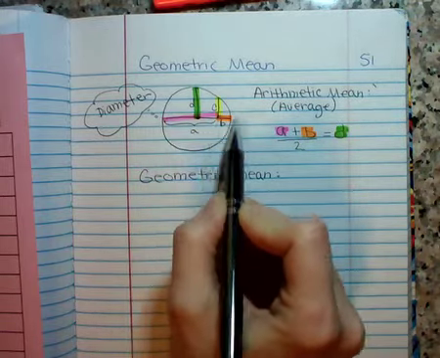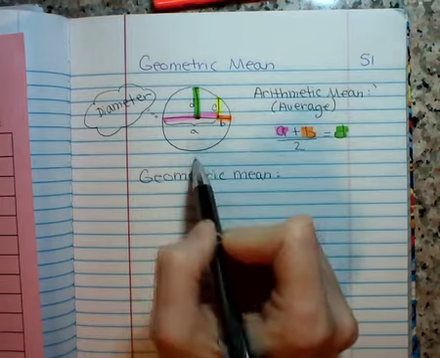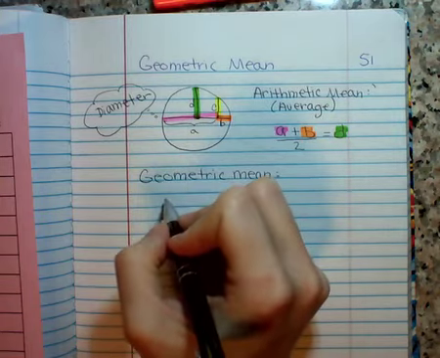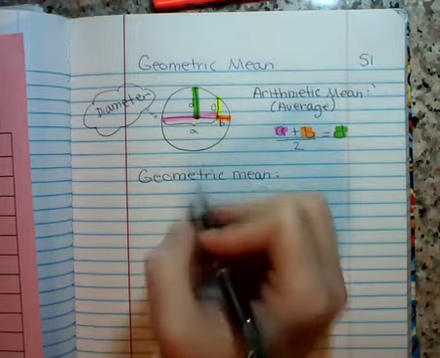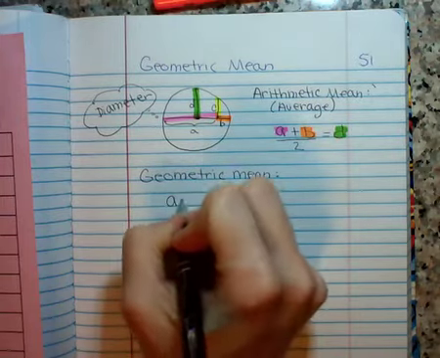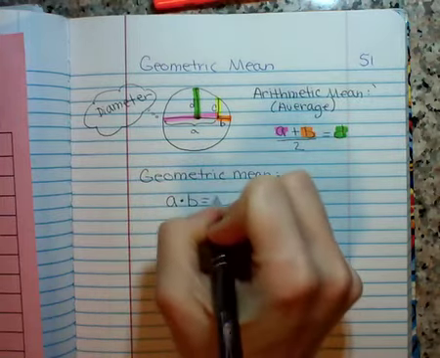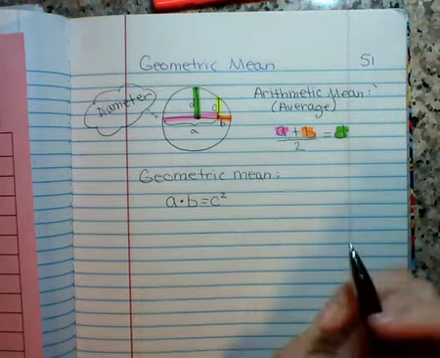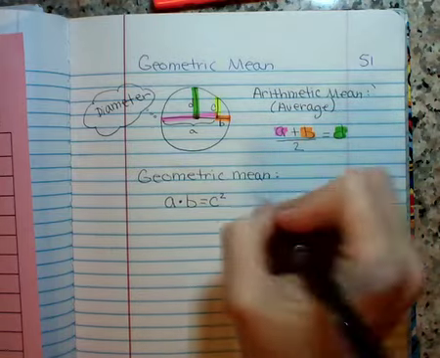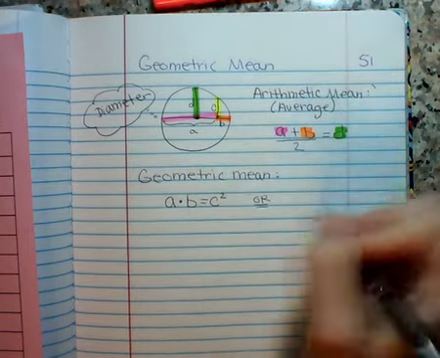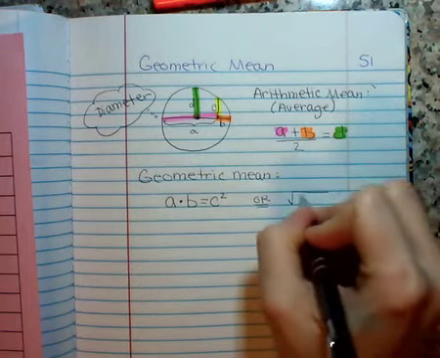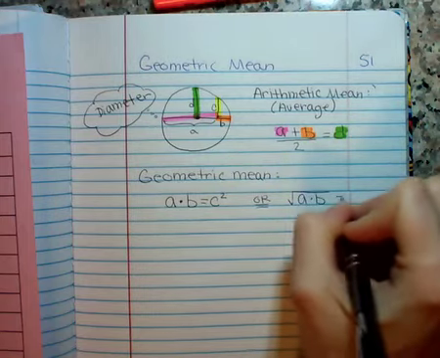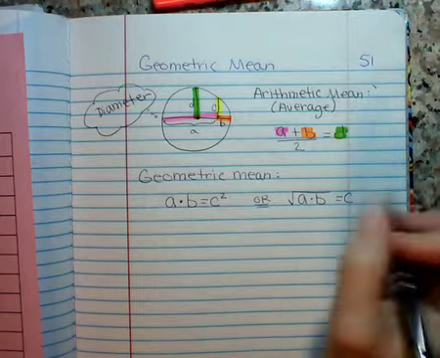A times B equals D times D. Oops. Or A times B equals C times C. Let's use that one. We're going to write that as A times B equals C squared. Or we can write it as the square root of A times B equals C.